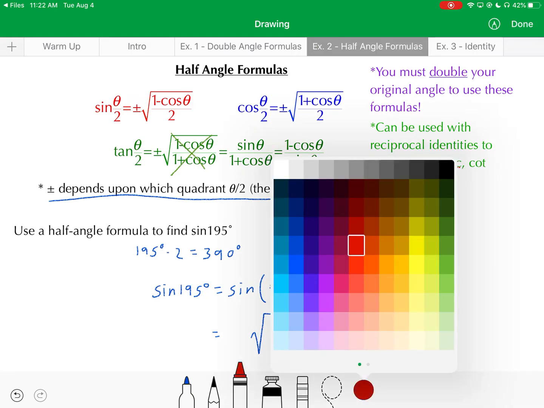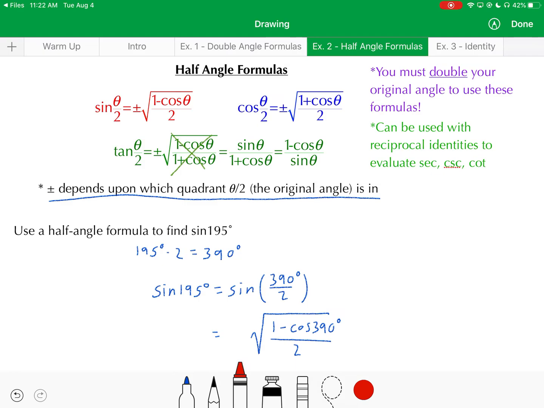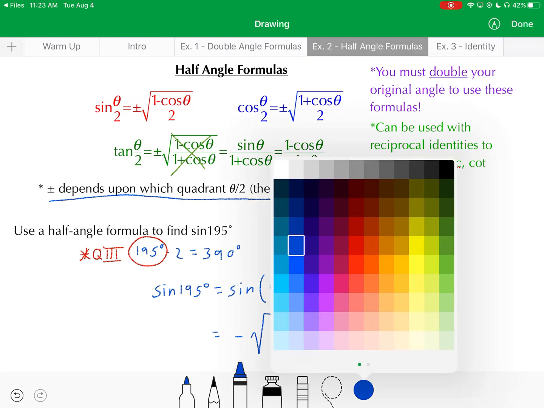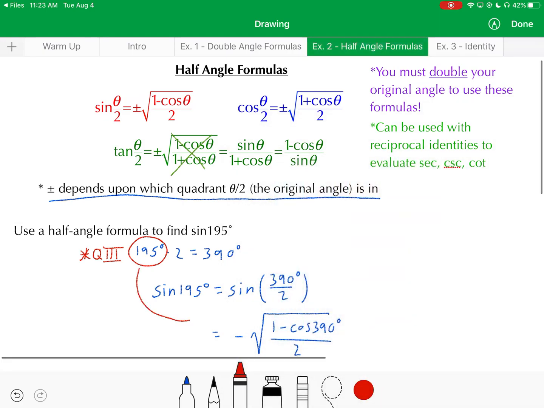And that's dependent upon the original angle of 195 degrees. That's in the third quadrant, right? In quadrant 3, sine is negative, right? So that tells me I need a minus in front of my radical here, okay?